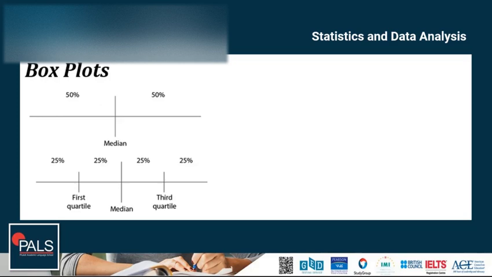So about 75% of the data values are smaller than the third quartile. So as shown on this screen, 25% for the first quartile, another 25% for the median, up to the middle, the second quartile, then another 25% added going to the third quartile, and 25% is remaining for the data more than the third quartile.